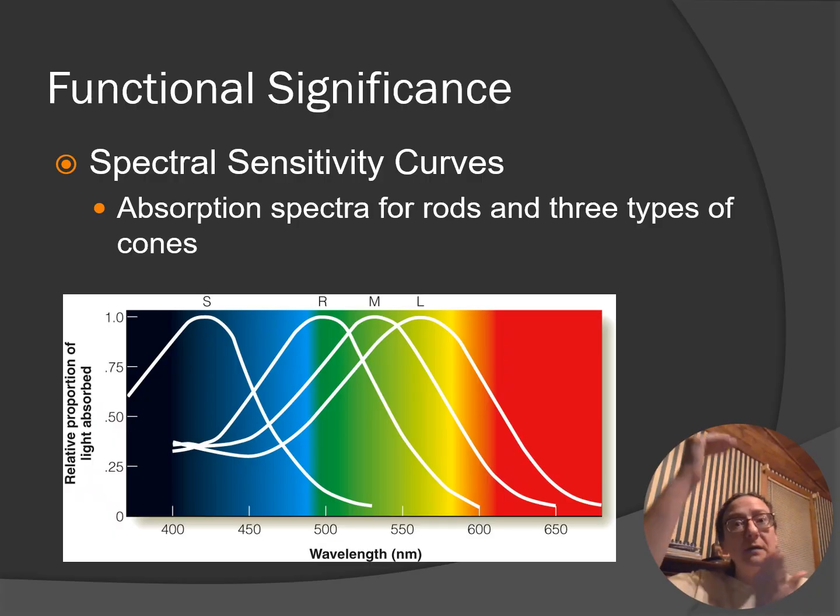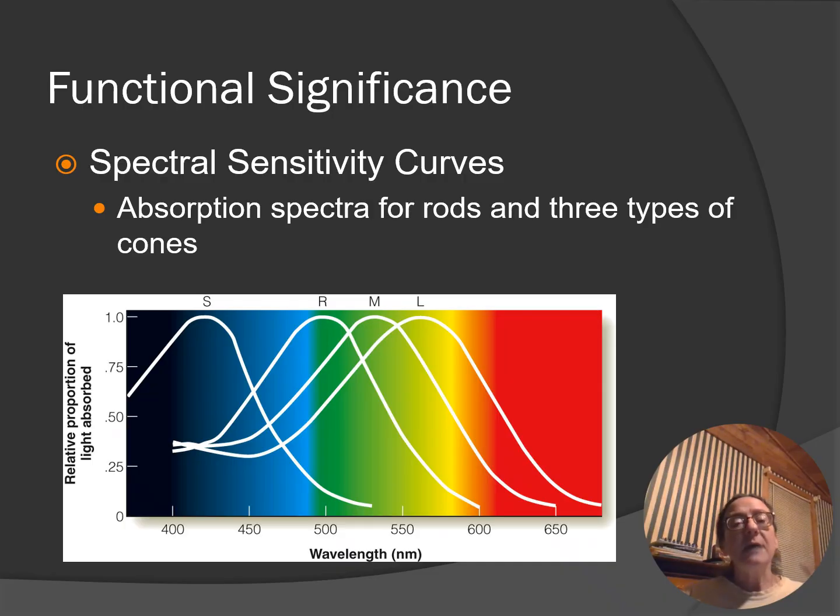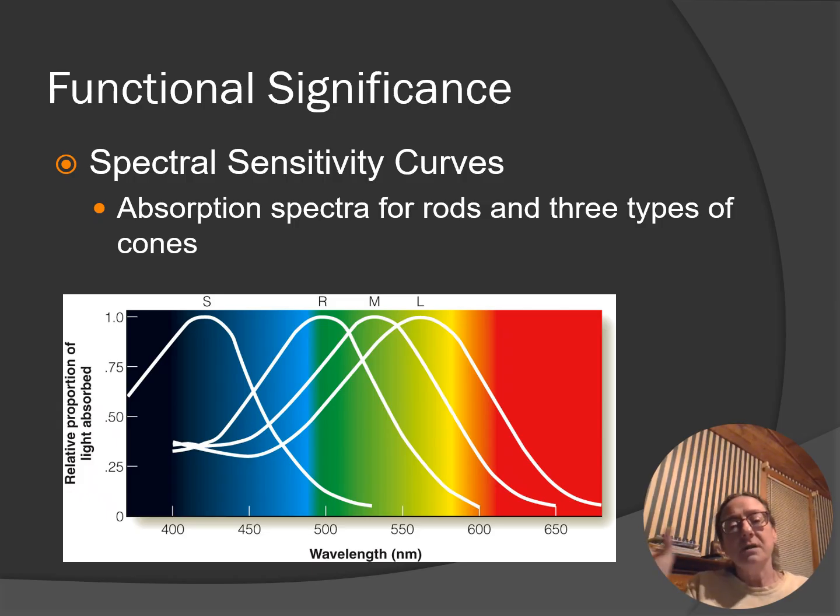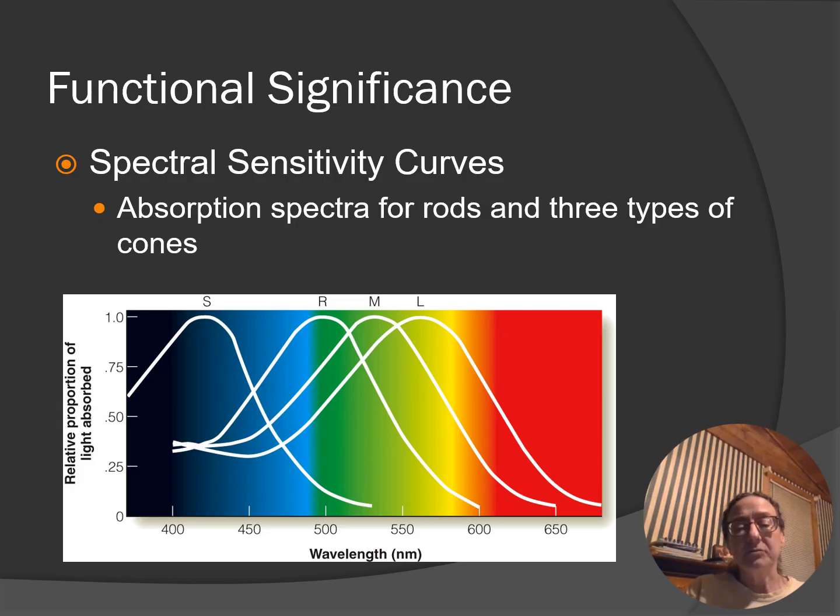And so again, it's the relative firing rates that tell us where we are on that electromagnetic spectrum. And when we look at things like color deficiency, when I'm missing one of those cones, I'm missing some of the shade variations, some of the ability to distinguish certain colors in certain areas of that electromagnetic spectrum.